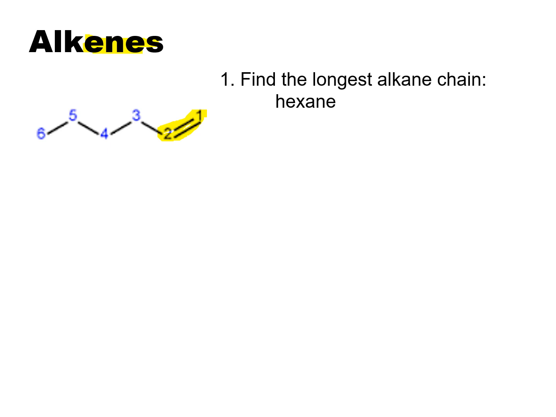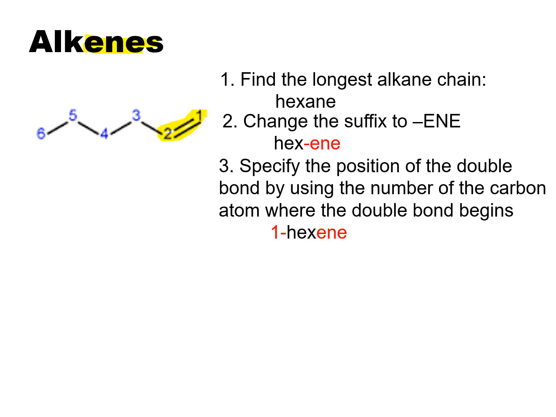So the longest chain is a chain of 6, so the root is hexane. We are going to add the suffix for the double bond, that ene, so it's going to be hexene. And then we need to specify the position of the double bond, and we write 1-hexene.